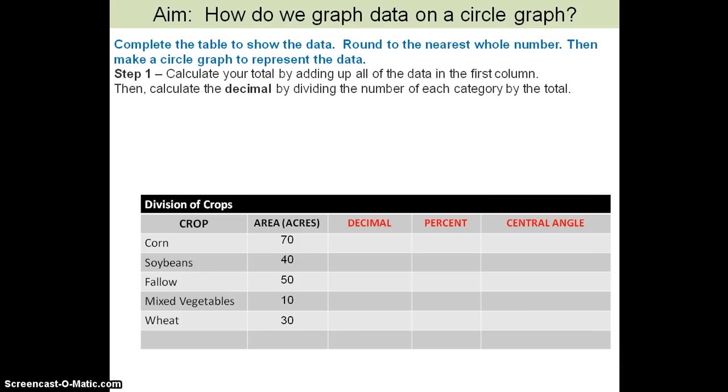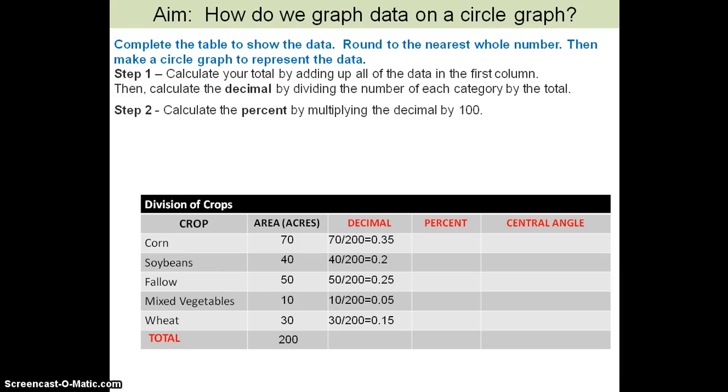So let's look at a new set of data. If we look, we see that we have several crops and we know the acreage. Before we can begin, we need to calculate our total by adding up all of the data in the first column. Once we have this, then we can convert the number of acreages into a decimal form by dividing the area by the total.